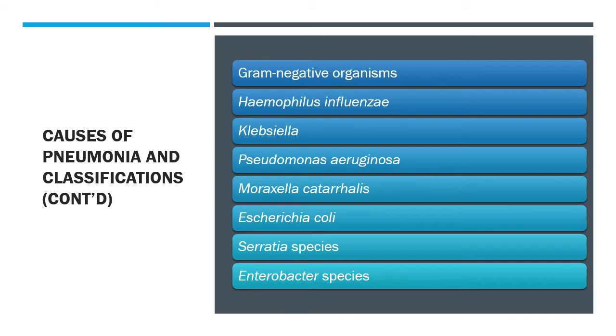Gram-negative organisms include Haemophilus influenzae, Klebsiella, Pseudomonas, Moraxella catarrhalis, E. coli, which is from feces, Serratia, and Enterobacter, again feces. Washing hands will help after you go to the bathroom.